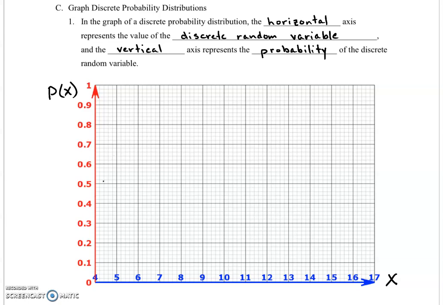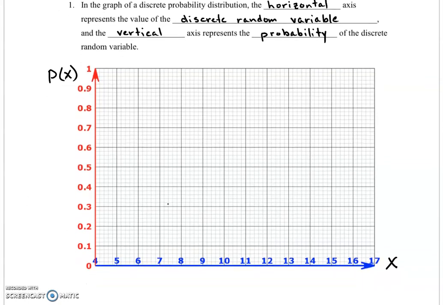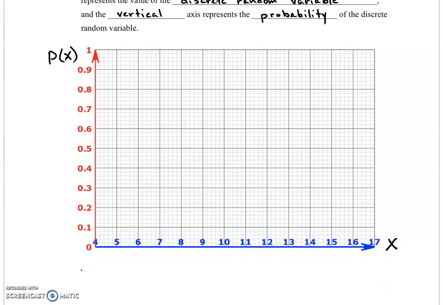So let's go back and graph the shoe size probability distribution.